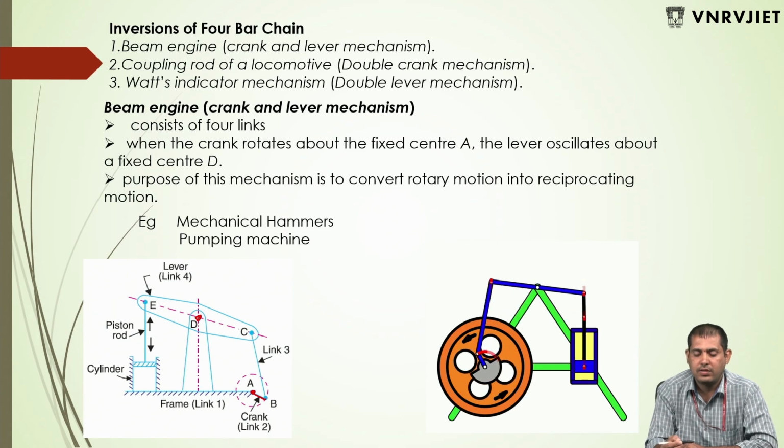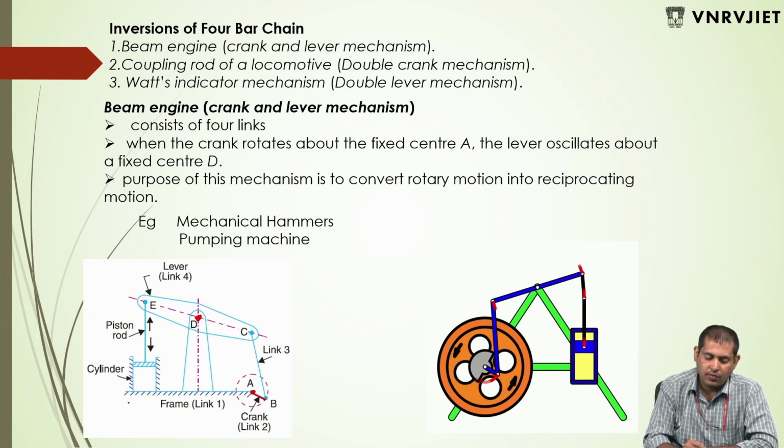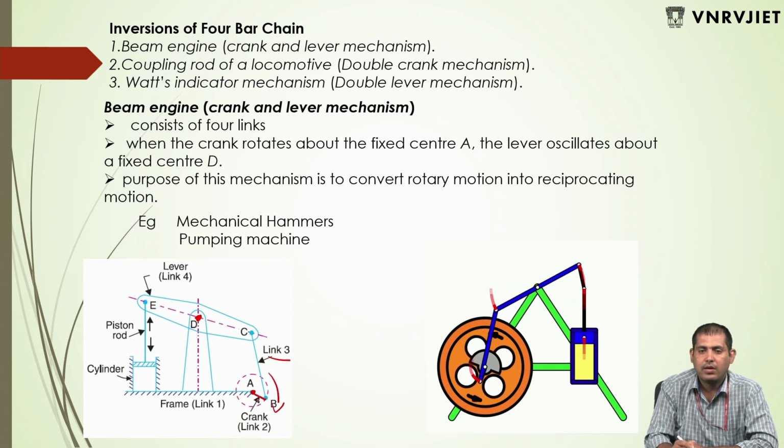If the crank rotates, the connecting rod, link 3, which connects the crank to the lever, moves, and the lever tries to oscillate about the fixed point D.